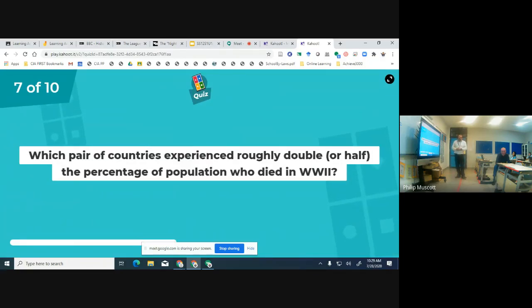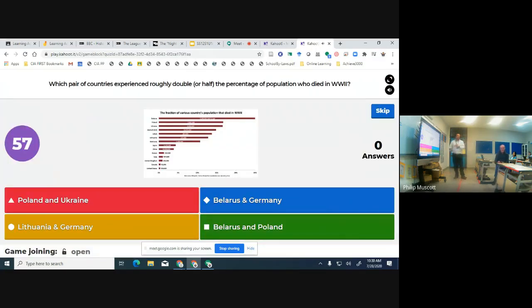Which pair of countries experienced roughly double or half the percentage of population who died in World War II? So you need to look at the graph, which you can see on the Meet, because I'm also showing my screen.